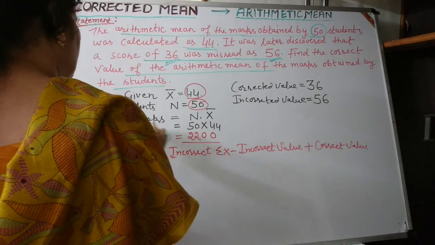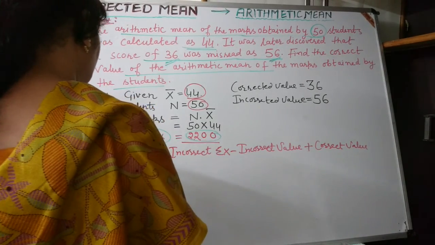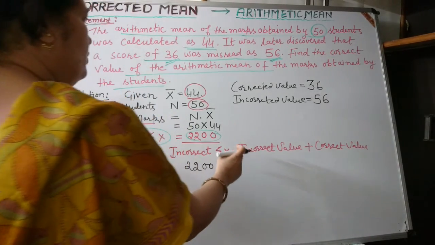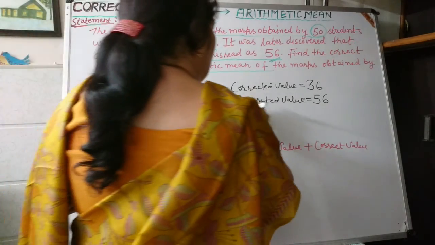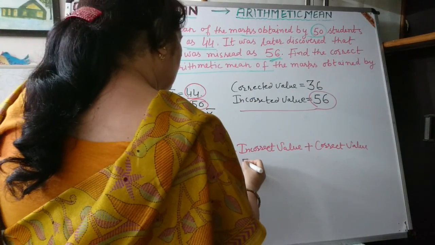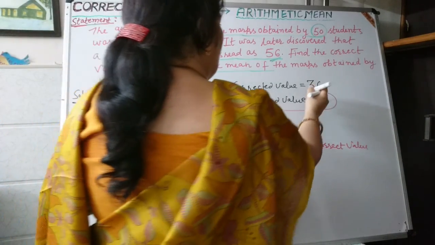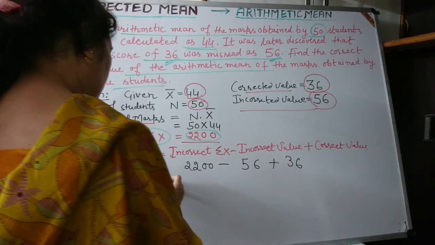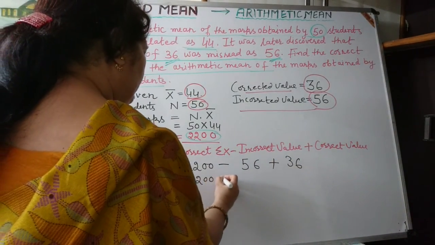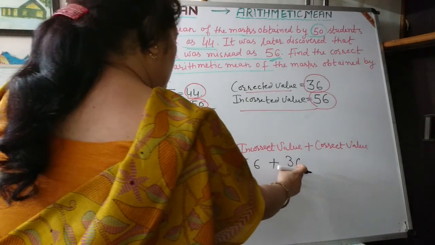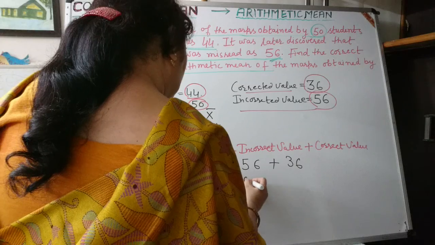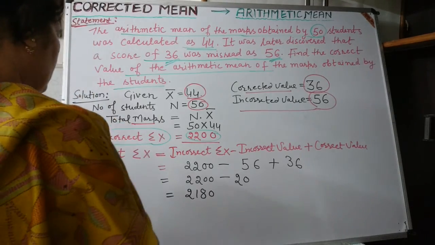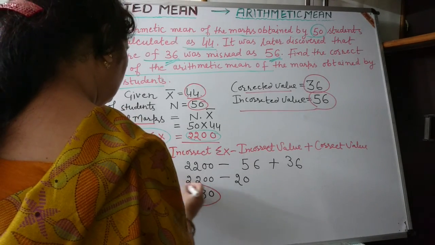Incorrect sigma x is 2200, minus incorrect value, which is 56, plus correct value, that is 36, is equal to 2200 minus 56 plus 36, which is 2180. So this is the correct sigma x.